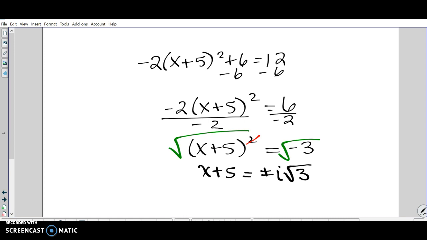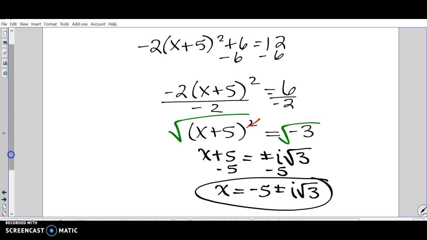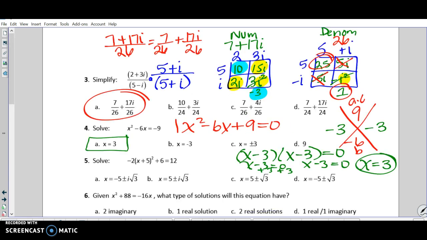I can't break 3 down because it is prime. And almost there, I'm solving for x, so I'm going to subtract 5. It'll be -5 plus or minus i root 3. That would be my final answer, which, if we go back, would again be A. We got a lot of A's going on here. I guess that's not bad.